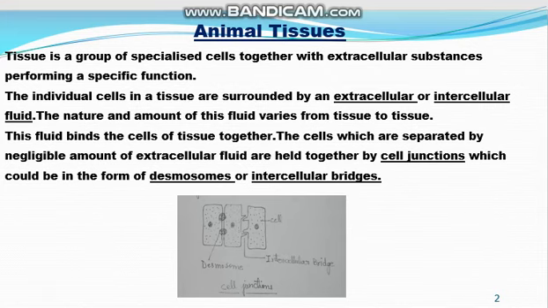As you see in this diagram, these two cells and these two cells are held by junctions, and the cell junction between these two cells is known as the desmosome, and these are the intercellular bridges. There are intercellular bridges present between these two cells. So this is the introduction about the tissues.